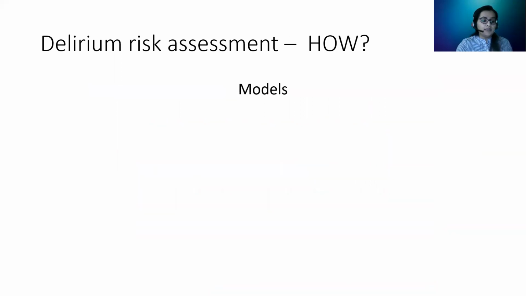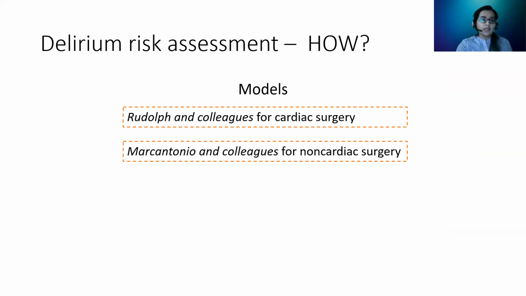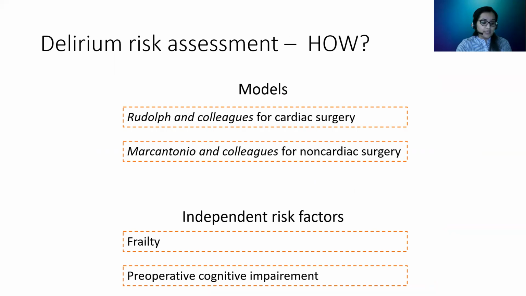The two validated risk prediction models for prediction of postoperative delirium are Rudolph and colleagues model for cardiac surgery and Marcantonio and colleagues model for non-cardiac surgery. Moreover, frailty and preoperative cognitive impairment are two independent risk factors associated with postoperative delirium.